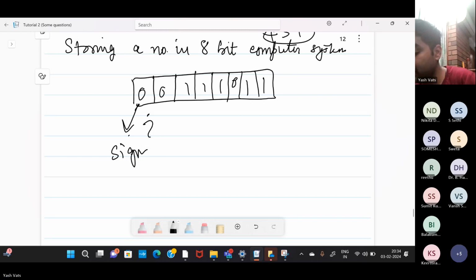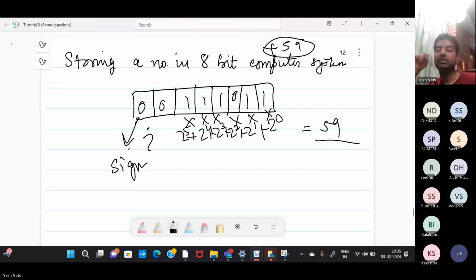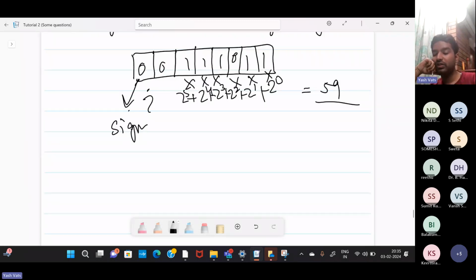All right. Okay, so you just multiply by 2 to the power 0, 2 to the power 1, 2 to the power 2, 2 to the power 3, 2 to the power 4, 2 to the power 5, and just sum it. And what should be the number? It should be 59. It is fine for you.